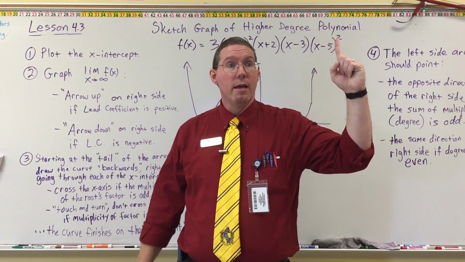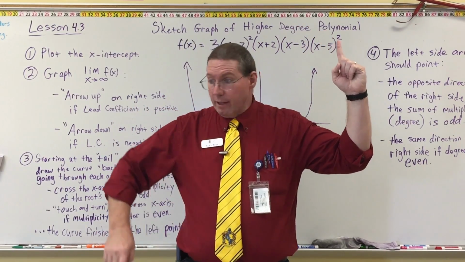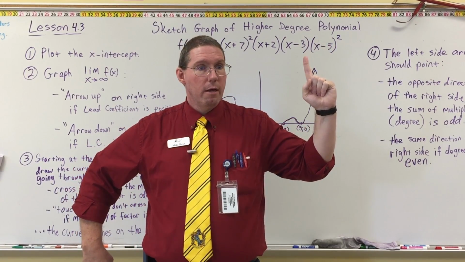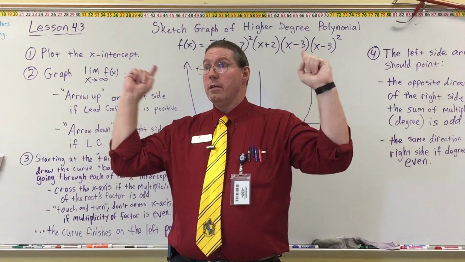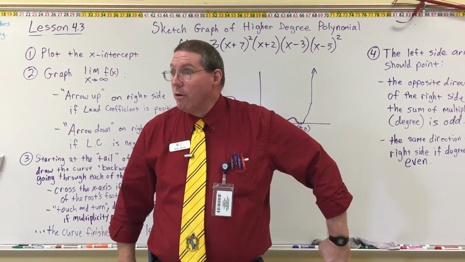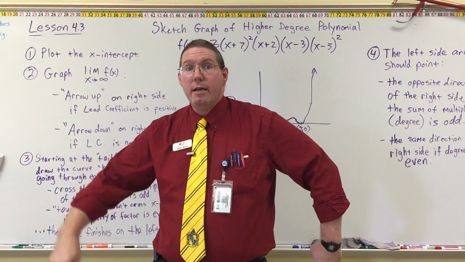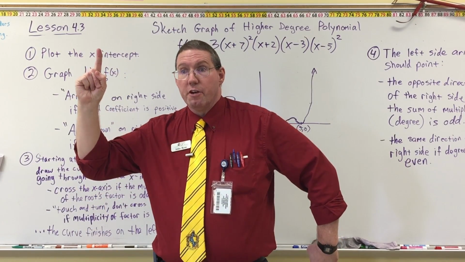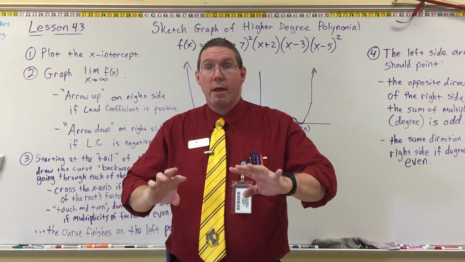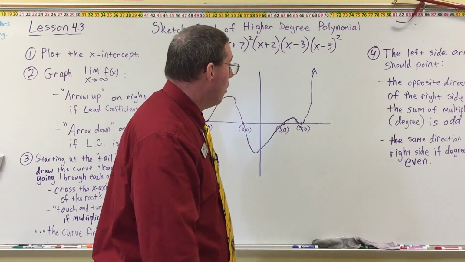And if the degree is odd, then the left side is the opposite, the other direction. If the degree was even, bam. If the lead coefficient is negative, the right side is down. And if the degree is odd, the left side is up. If the degree is even, the left side is down. How are we doing? We okay with this? All right, cool.